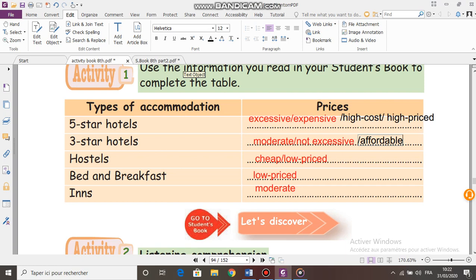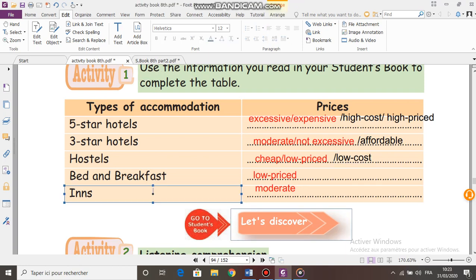Hostels are cheap, low priced, and what can we add more? Another synonym? We can say that hostels are low cost, which means cheap. For bed and breakfast, these are low priced, low cost, cheap, and for inns, they are moderate.